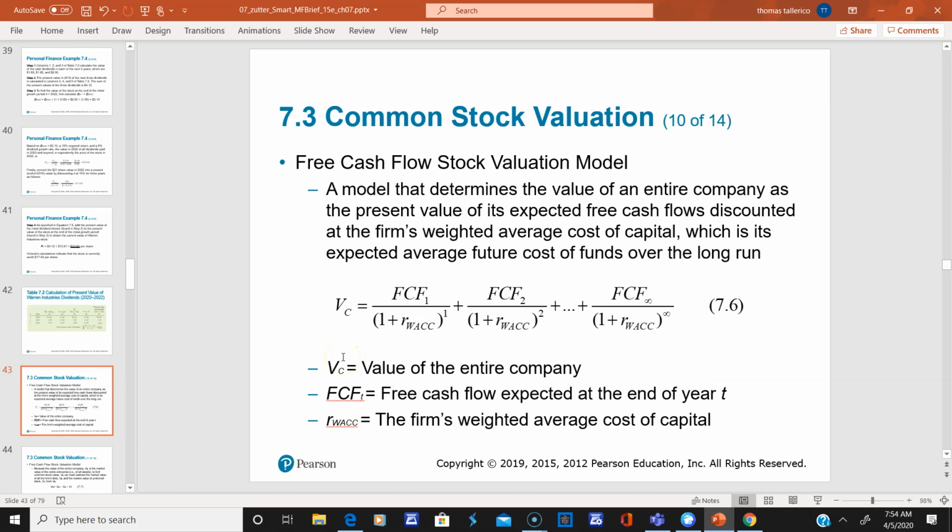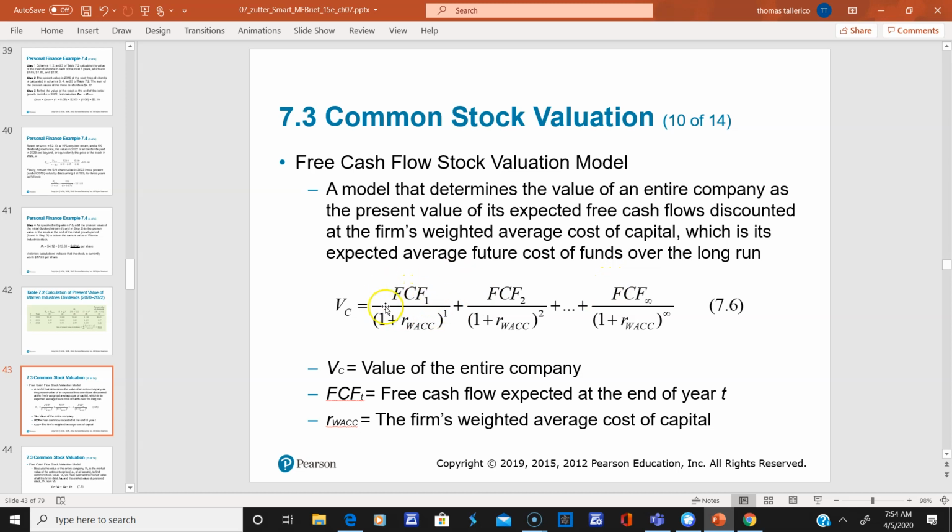Okay, so as I said, there are a lot of other models that are used to not have dividends in the numerator if you don't pay dividends. Okay, so if the stock doesn't pay dividends, there are a lot of other things you can put in there. So here are the free cash flows of the company.